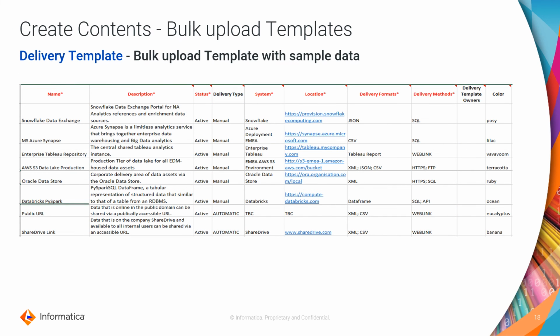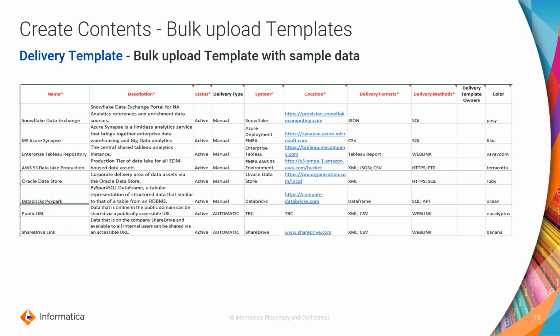Delivery template. A delivery template defines how approved data can be delivered to the users. This template contains the delivery format, delivery method, and also the location. Data owners can use delivery templates to create new delivery targets for their data collections as needed.